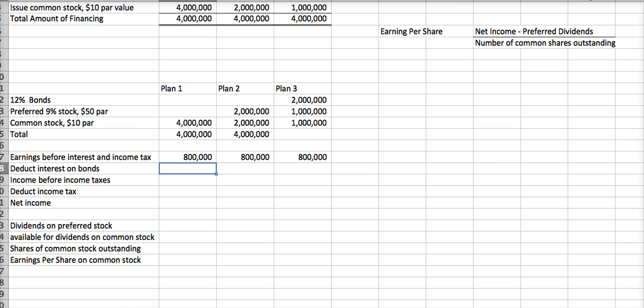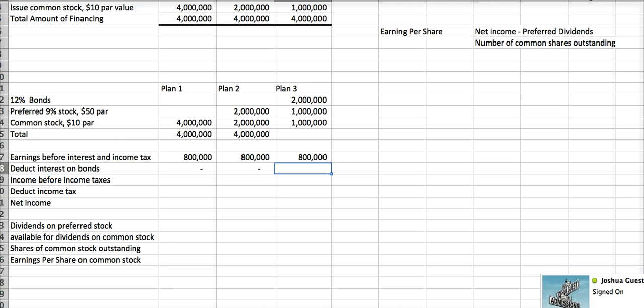Interest on bonds. We don't have any bonds in Plan 1, so therefore there will be no interest. So the answer will be 0 for this one, right? Plan 2, we also did not issue any bonds, so there's no interest to deduct on Plan 2. Plan 3, we did have some bonds. They were 12% bonds.